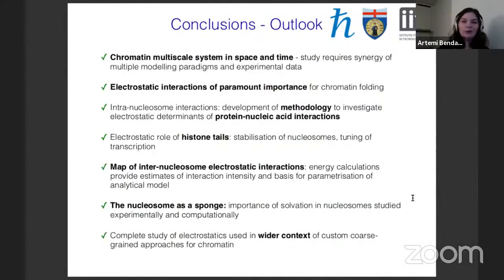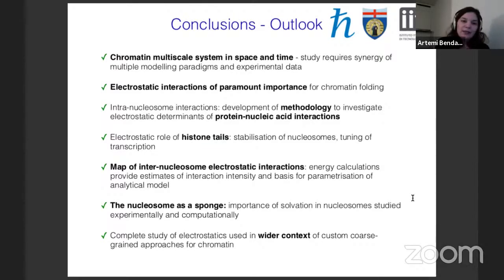So finally, I'm going to leave you with some conclusions. Chromatin is a multi-scale system in both space and time, and its study definitely requires the synergy of multiple modeling paradigms and experimental data. And electrostatics is of paramount importance in chromatin and for determining the topology of chromatin folding.